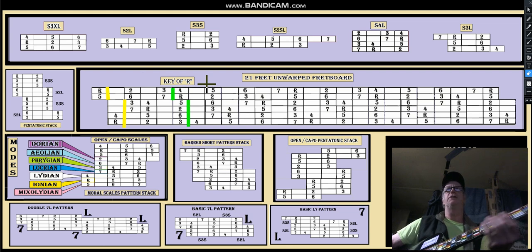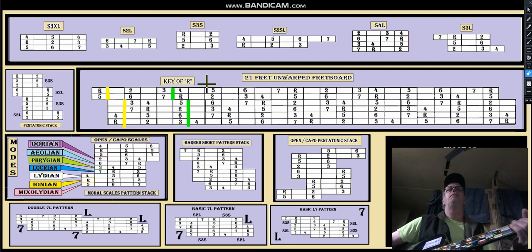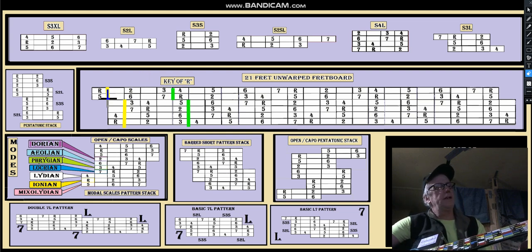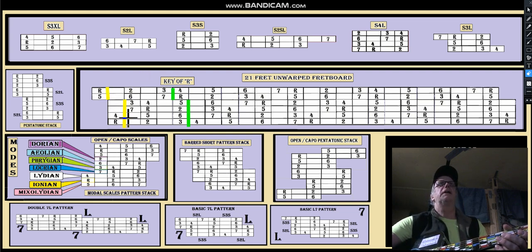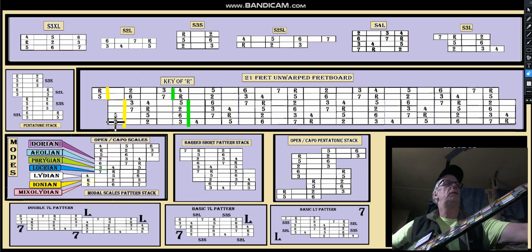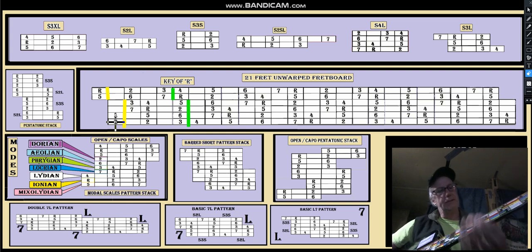You know, I mean, you can teach this modal stuff. So this one pertains to here, but really I could call that lowest note, which right now is a C. And here's the E.